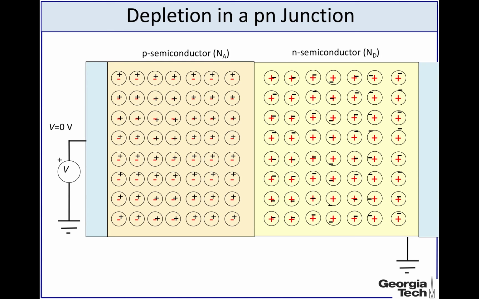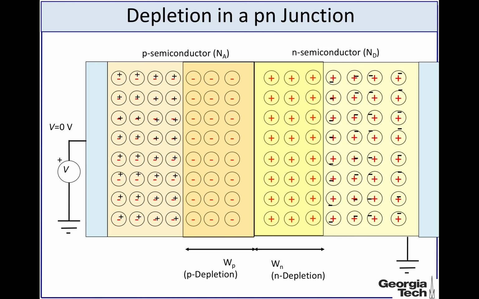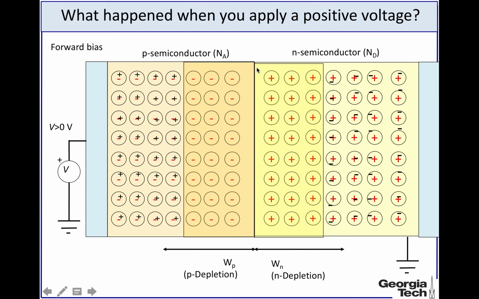Alright, so now let's try to understand what happens when you apply a positive voltage to the p-type semiconductor. So basically the forward bias, where you have the p-type semiconductor at a higher voltage than the n-type semiconductor. Alright, so this is the case for a p-n junction with zero applied voltage, and this is the depletion region here. Now if we apply a positive voltage, then the region of depletion decreases.